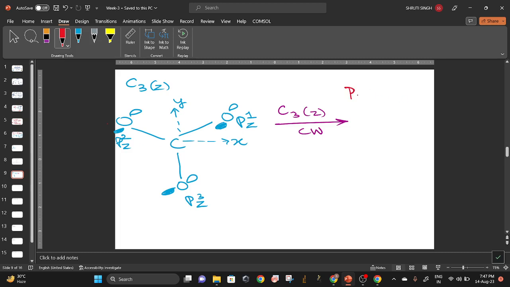Yes, ma'am. So PZ1 will become PZ3. Instead of PZ1, PZ2 will come, and instead of PZ3, PZ1 will come. Clockwise direction we are taking positive now. So what will the matrix look like?